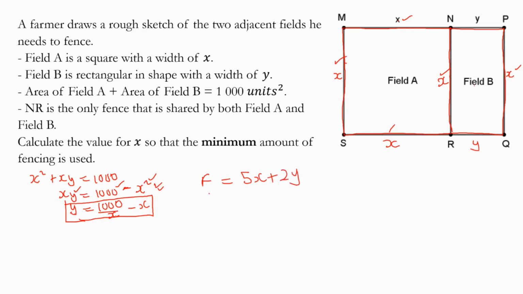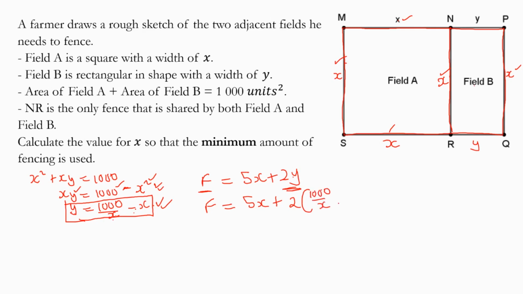Now we have to derive the fence with respect to x. You have to find df dx. We have to find f in terms of x only. So how do we get rid of this y? Remember, we have y in terms of x. The length of the fence is equal to 5x plus 2 times, replacing y with 1000 over x minus x.